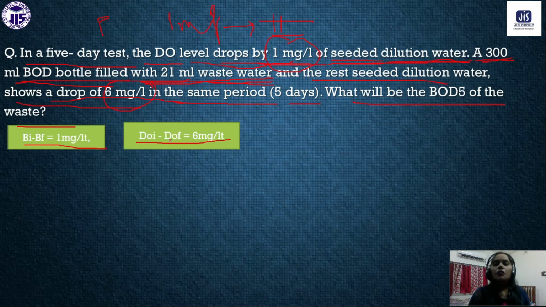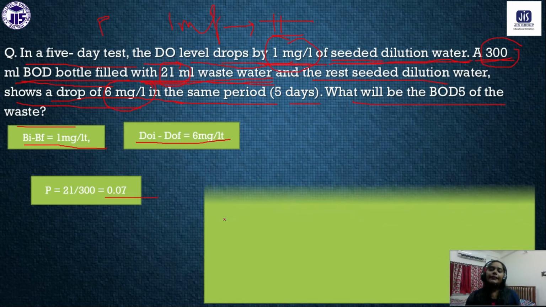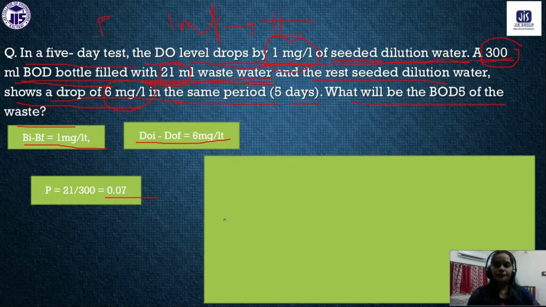So you should check the question and the clues given. And this is the P value: the volume of wastewater is 21 ml and the total volume is 300. 21 divided by 300 gives the dilution factor 0.07. So here is the total solution.